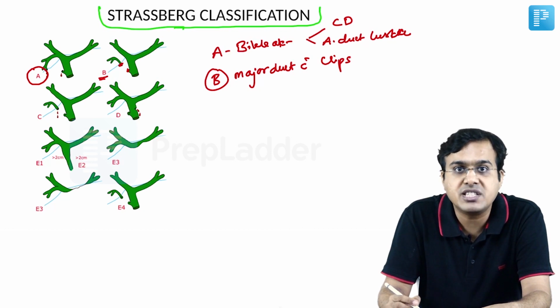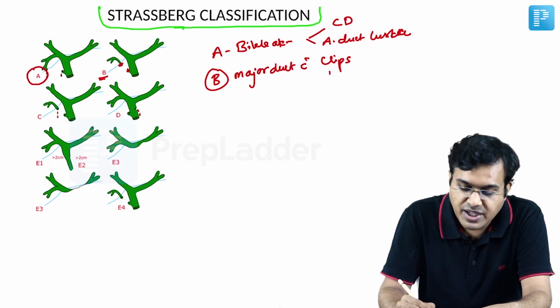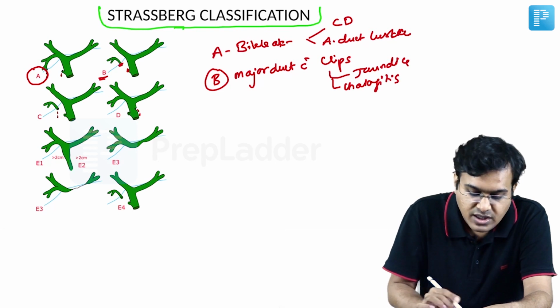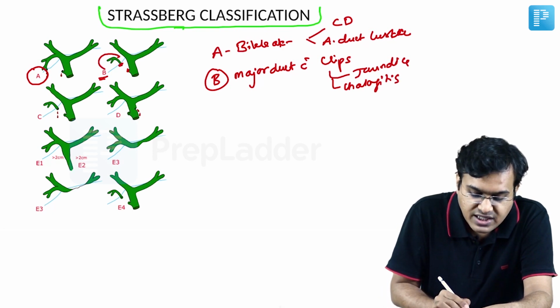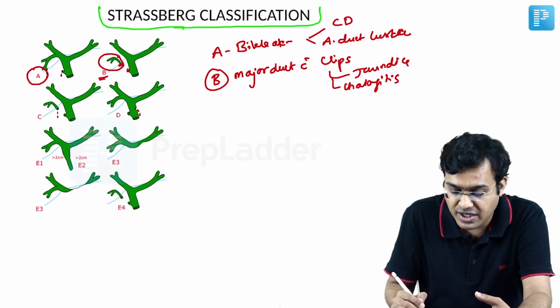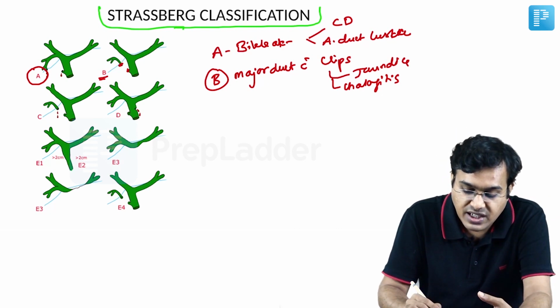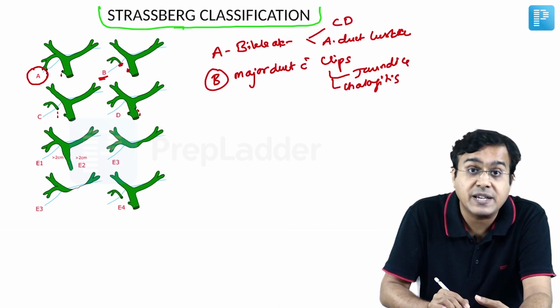This patient will not present with bilioma. This patient might present with jaundice or sometimes cholangitis in a later period of time, because the major duct is draining a major part of liver, and that has been clipped. So an injury to a major duct with clips is type B.